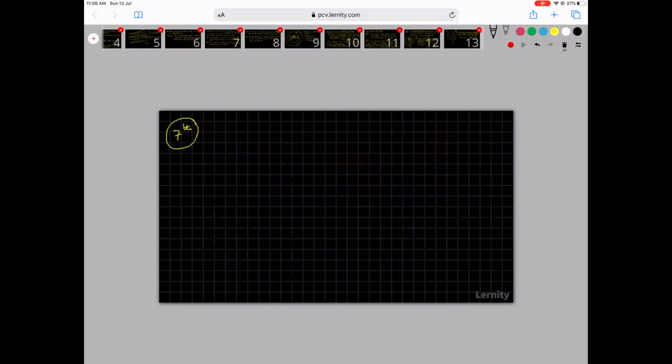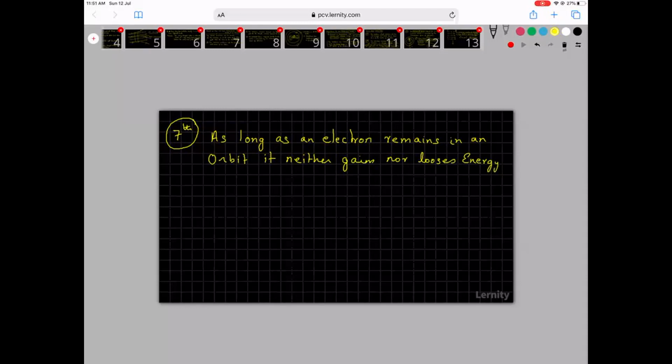Then the seventh point, which is a very important part. As long as an electron remains in an orbit, it neither gains nor loses energy.